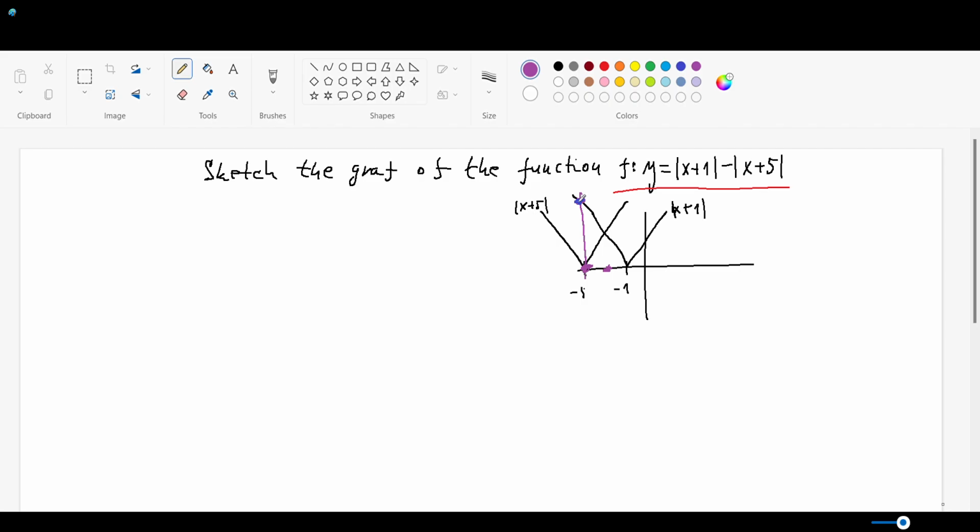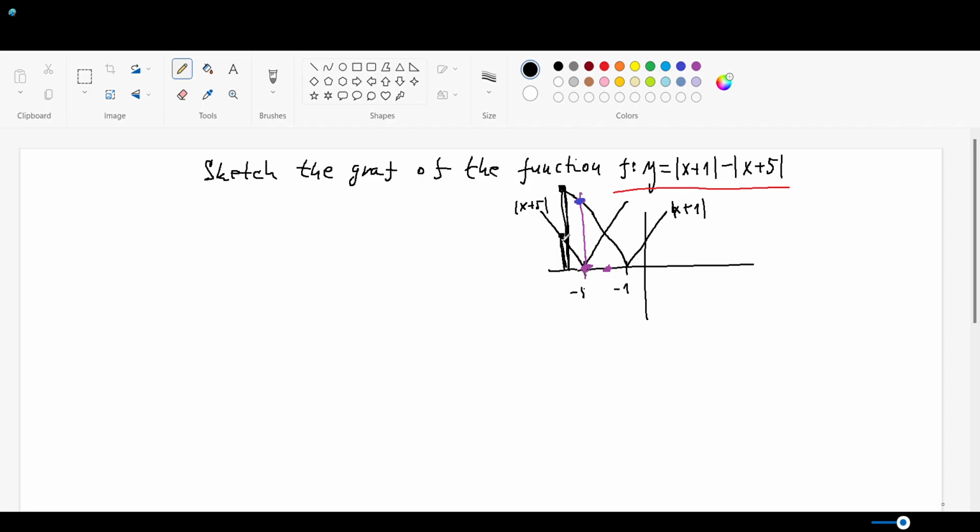But what is happening on the left side from -5, for example, here, if I extend? Can you imagine that you subtract this value, because the length of this line segment is the value of my first function, and the length of this line segment is the value of my second function.